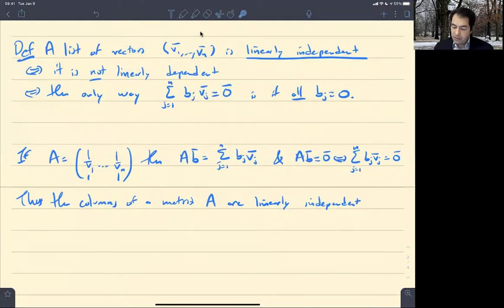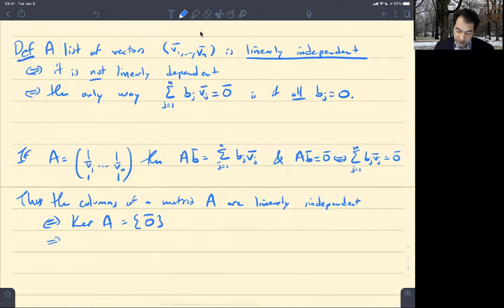Okay, that's the same as saying the columns of this matrix are linearly independent if the only way you can do a matrix vector product and get 0 is if all of the coefficients are 0. But all of those coefficients, those are the entries of this vector. So the columns of the matrix are linearly independent if and only if the only vector in the kernel of A is the 0 vector, right?